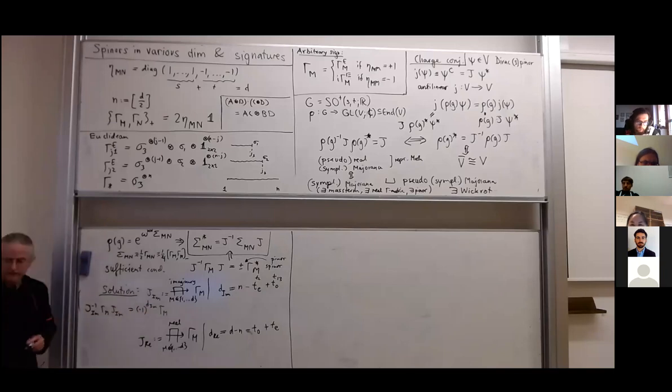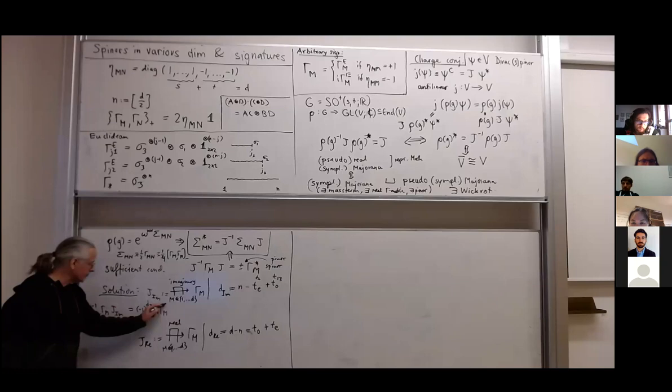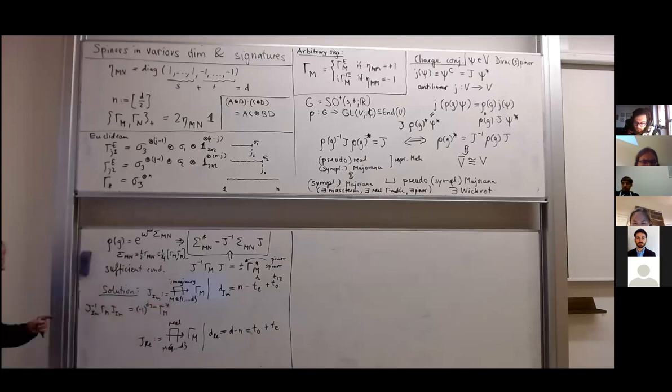Is it clear? So since it was real, I can put this complex conjugate for free. So now the trick is that if it had been imaginary, then it is equal to one of the matrices inside the J imaginary.